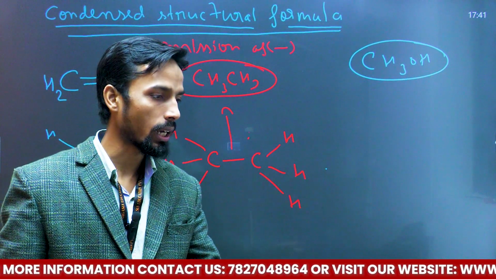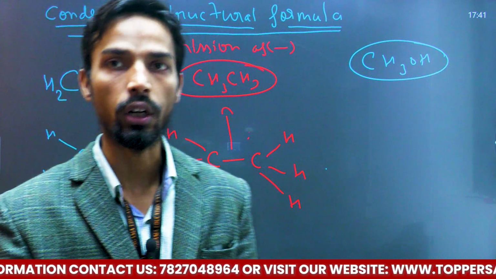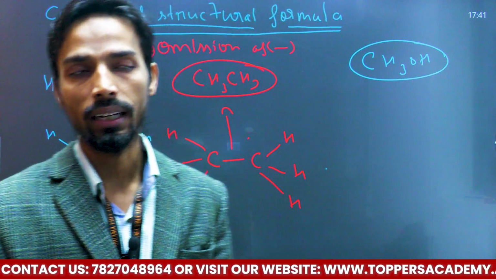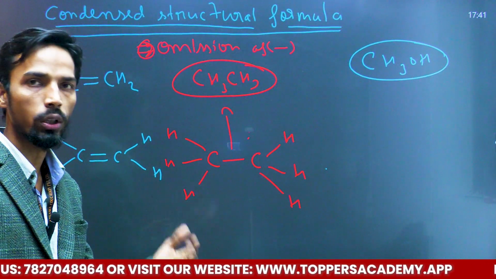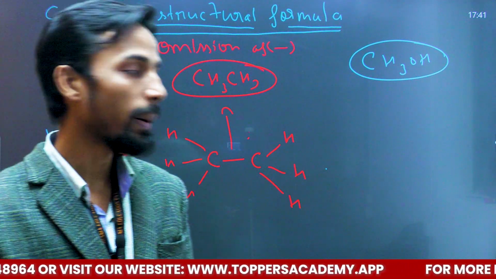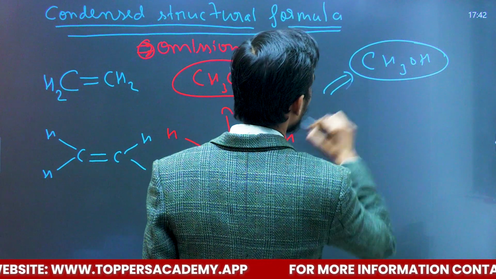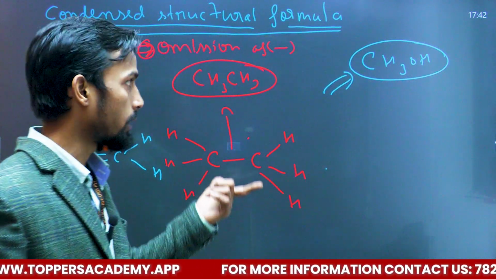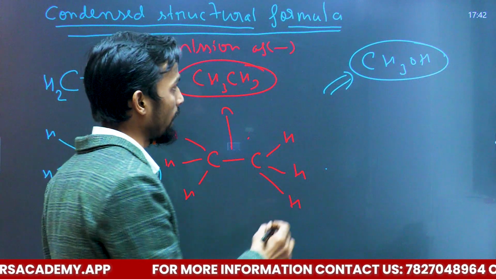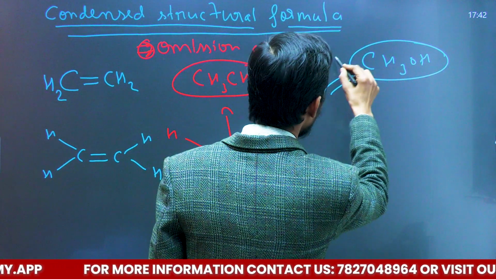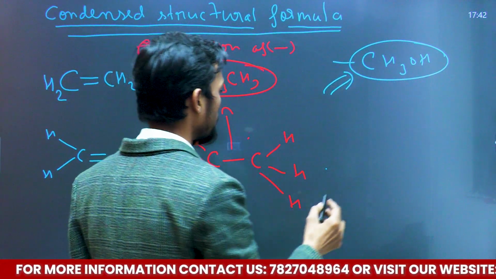After that, we are going to discuss the classification of organic compounds and their nomenclature. All of those things we will discuss in the upcoming lectures. For now, we just need to know that this alcohol, CH3OH, is the condensed structural formula.